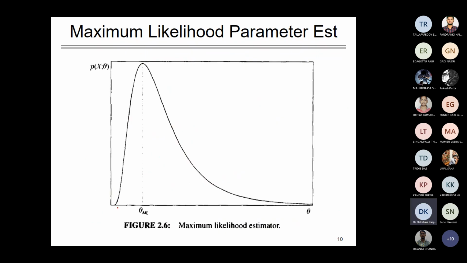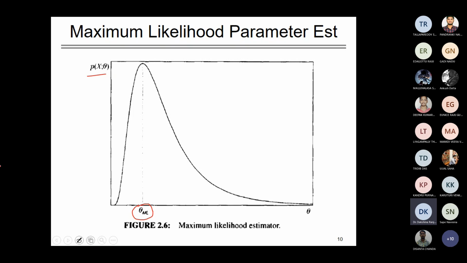Now you can see that the maximum likelihood estimator function is drawn over here. Theta is represented along the x-axis, and the log likelihood function is represented along the y-axis. If we consider a point, this point is determined as theta ml.